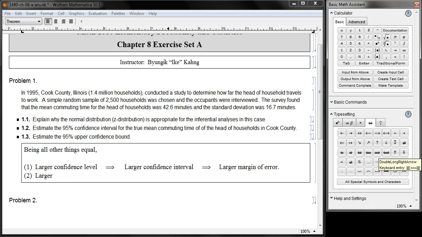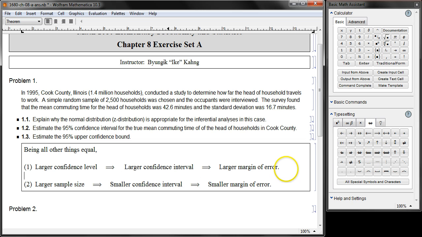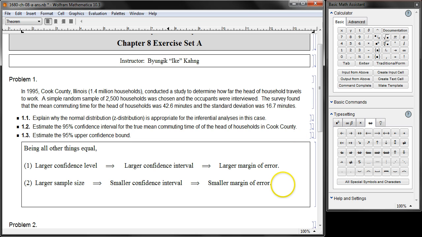Now, being all things equal, larger sample size, smaller confidence interval, and consequently we get smaller margin of error. Eventually your approximation is becoming better if you take larger sample size.